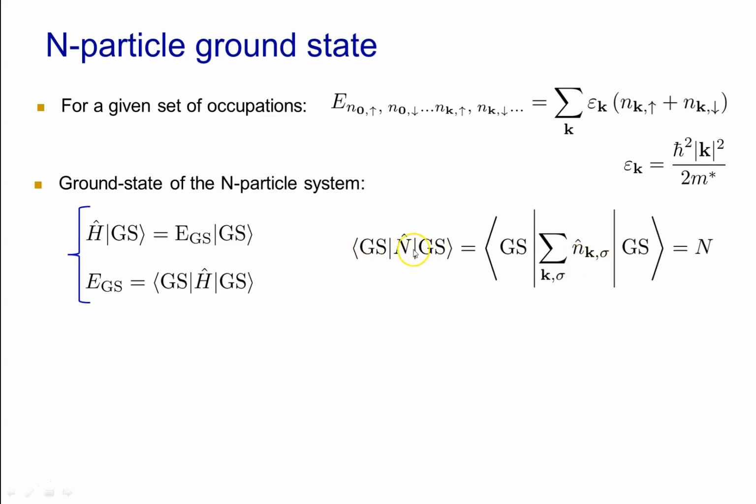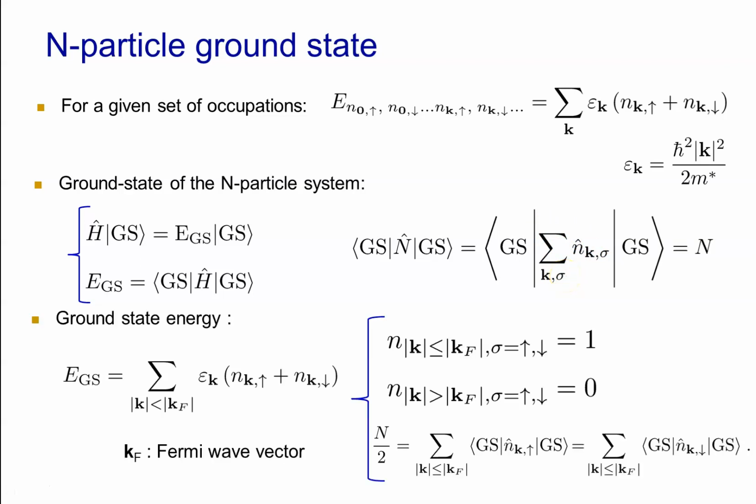And that's going to be my ground state. And the total number, of course, has to be capital N. This is an integer, and this is the number operator, which is just the sum of the individual single state numbers, right? C k sigma dagger, C k sigma, summed over k and sigma. That's my ground state for the N particle system.